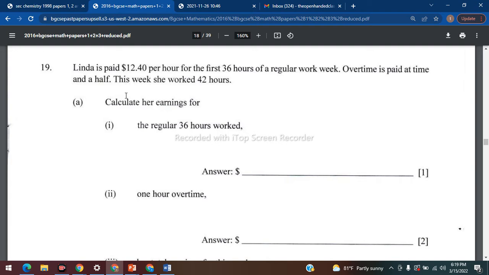Linda is paid $12.40 per hour for the first 36 hours of a regular work week. Overtime is paid at time and a half. This week she worked 42 hours. Calculate her earnings for the regular 36 hours work. And then they want us to calculate for 6 hours overtime.